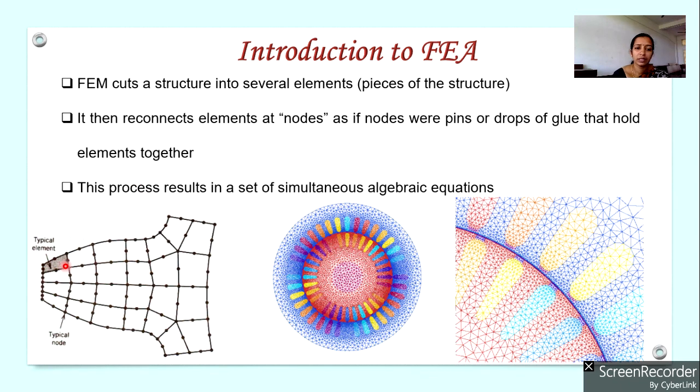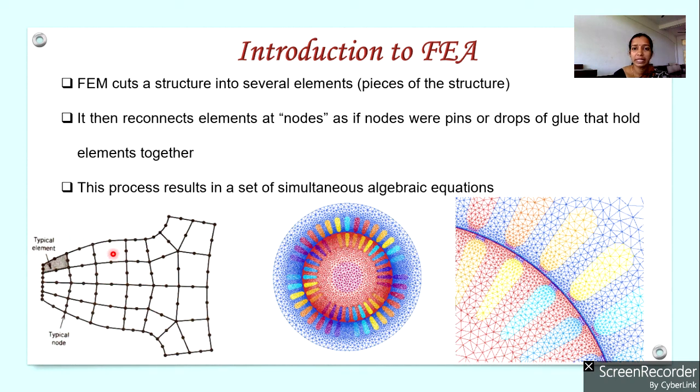Okay, so this is a continuous object, we know that, and after meshing we will not consider it as a continuous object. Then we will assume that each element is connected to its adjacent element only at its nodes. So if we consider this particular element and this particular element, at this section there is not a continuous connection.